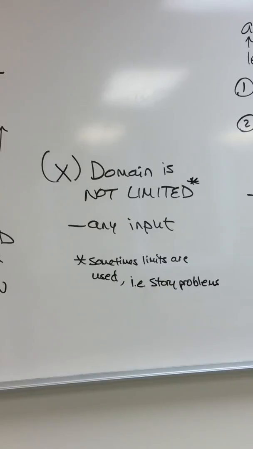We can't have half a person, half a pizza. We can't have a negative person or negative pizzas. So sometimes our domain is limited, but those are situations in story problems. And then we do have a control or some input that we have very specific numbers that we want to choose.